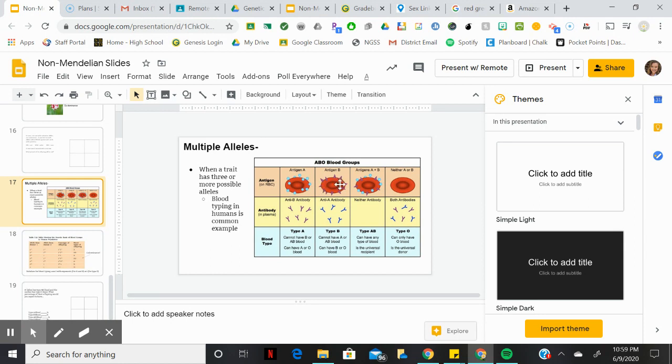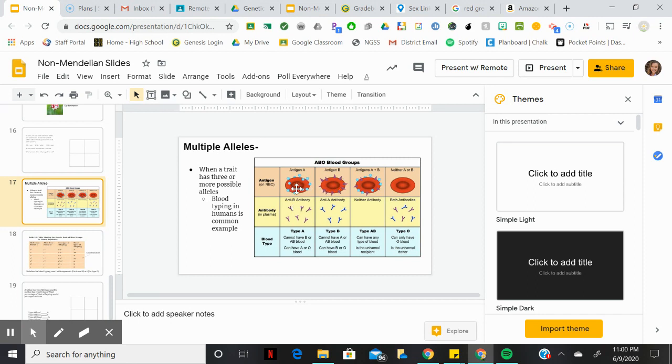These would be recognized as foreign because it has the B antigen, not your A antigen. So you have antibodies that are designed to attack and kill anything with the B antigen. Okay? So because of that, if you are type A, you cannot have B or AB blood in your bloodstream because you have antibodies designed to attack it.